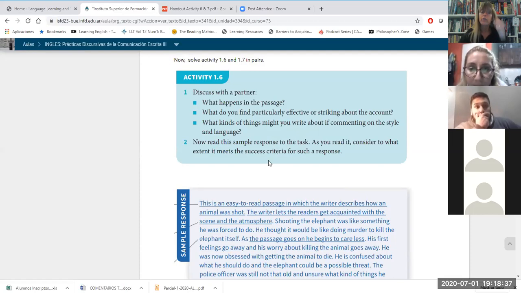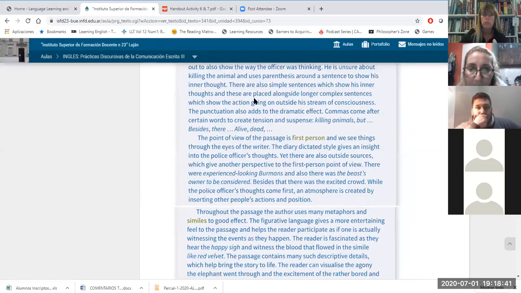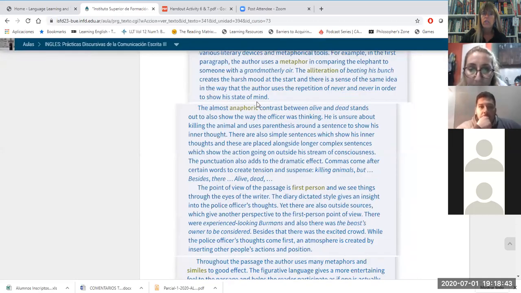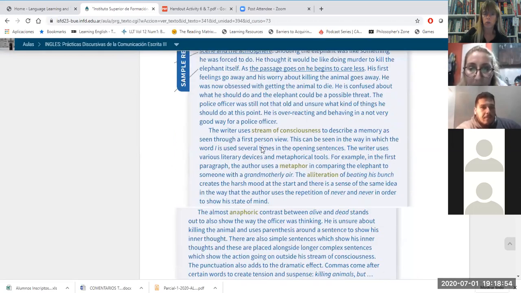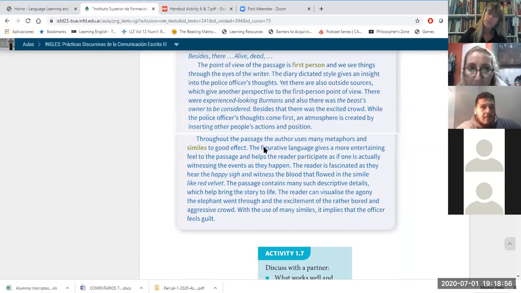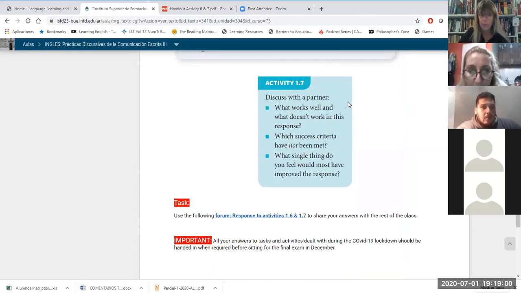Then you have to read the response. This is a student's response here. You read the student's response. As you read it, consider to what extent it meets the success criteria for such a response. So is this response a good one? Yes, no, why? Discuss with a partner.